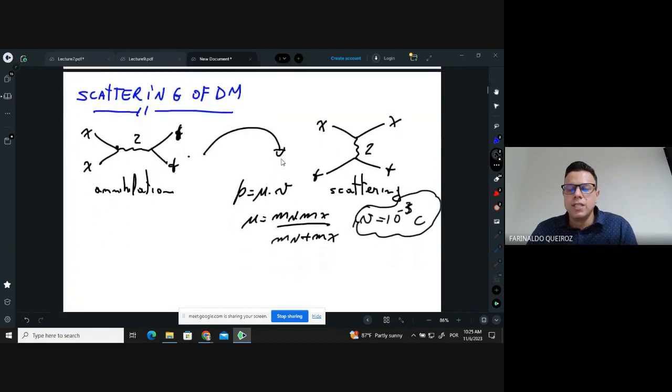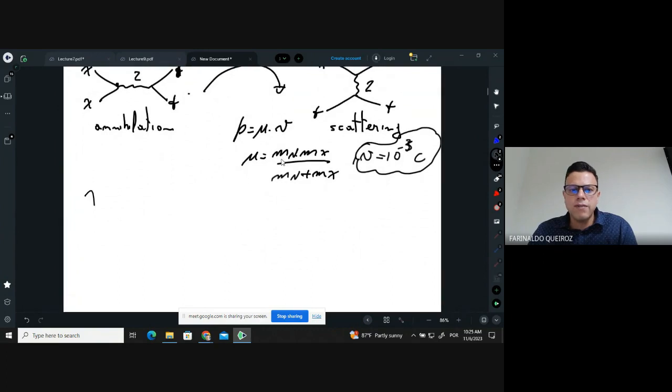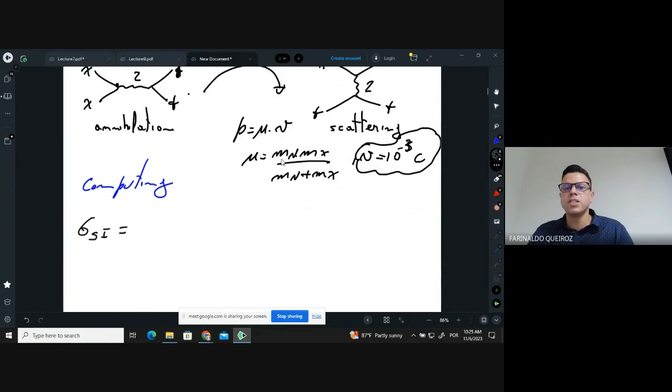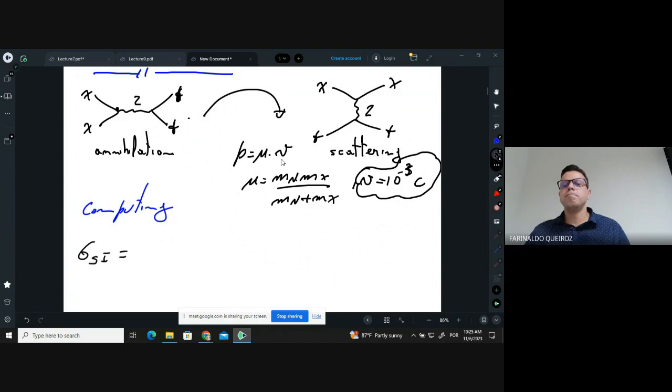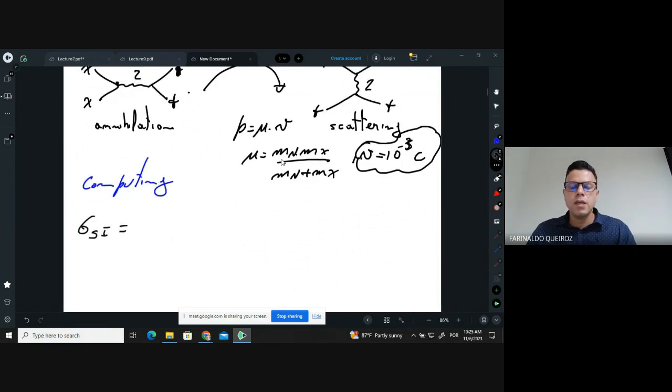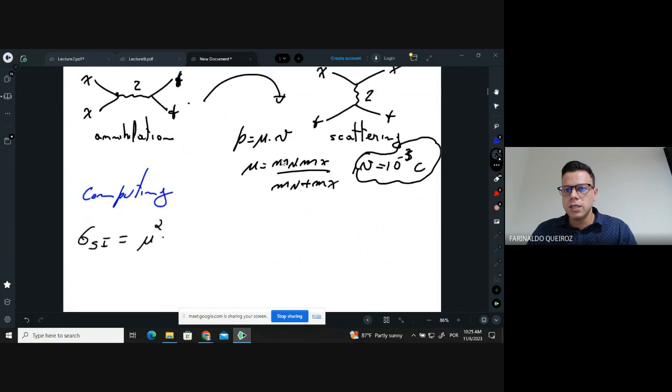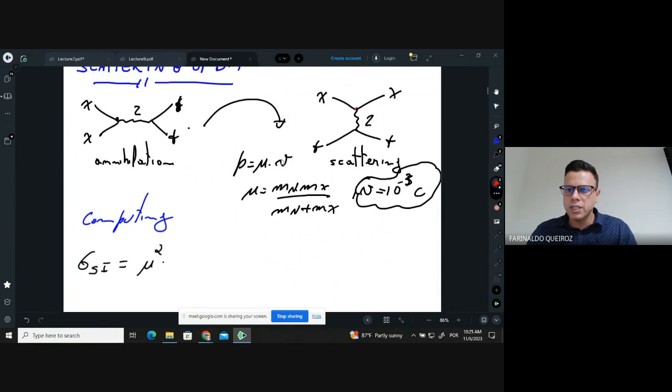Okay, that said, so how am I going to compute this? So I have a scattering, computing the scattering cross-section, sigma SI, for a spin independent case. So I'm assuming the scattering does not depend on the spin of the target. Spin independent will be given by the reduced mass squared times the gauge coupling that appears here, let's say g and g.